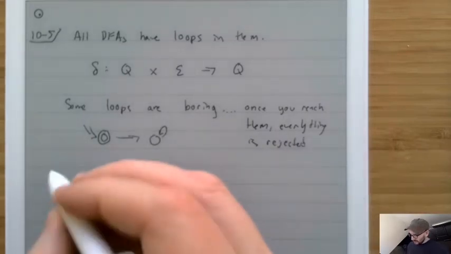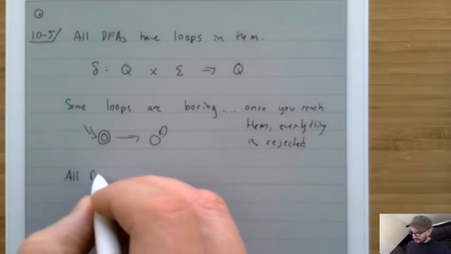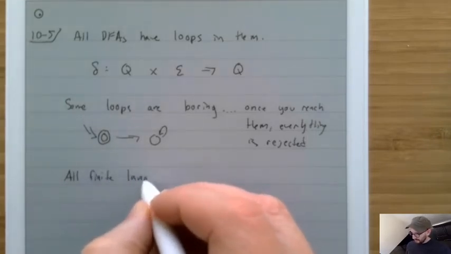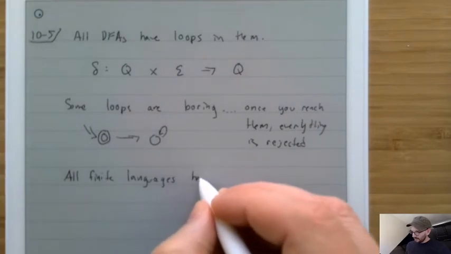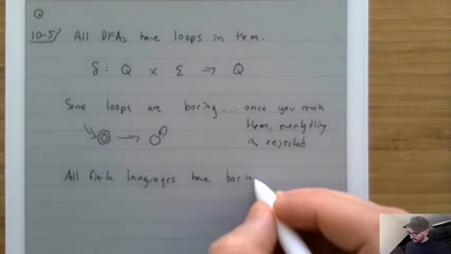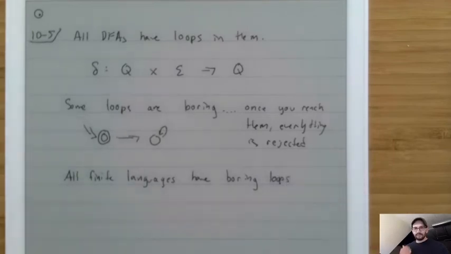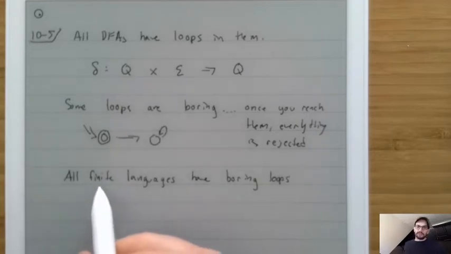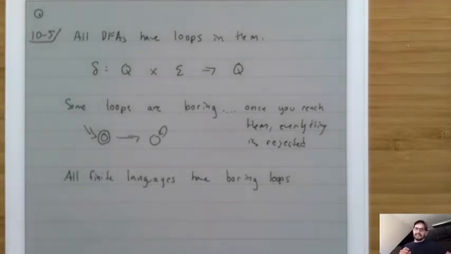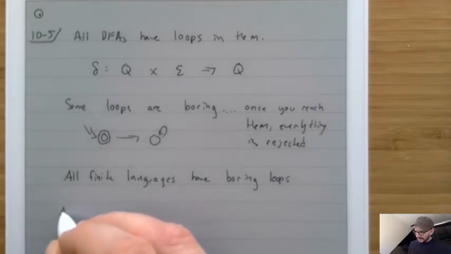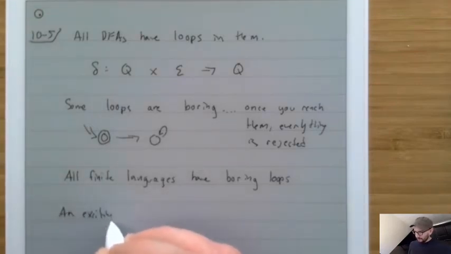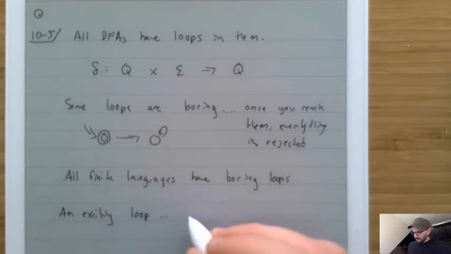Okay? And it turns out that all finite languages have boring loops. And it makes sense why this would be, because by definition, if the language is finite, then it has to say yes to a finite number of things. But if there's a loop, and that loop isn't boring, what does it mean? An exciting loop has a way to accept.